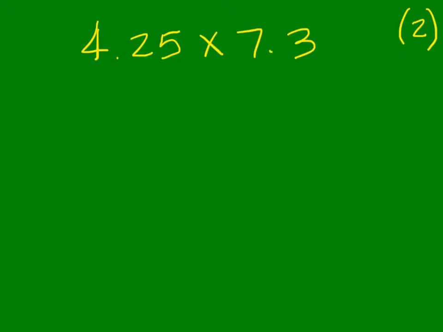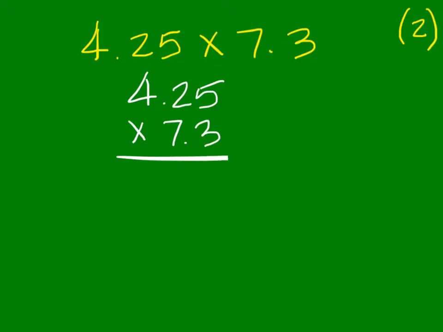Alright, what you do is you set it up like this: 4.25 over top of 7.3, and then go back and multiply. So start here with the 3 and multiply it by each of these items going that way. So we start with 3 times 5 is 15, but you just put 5.